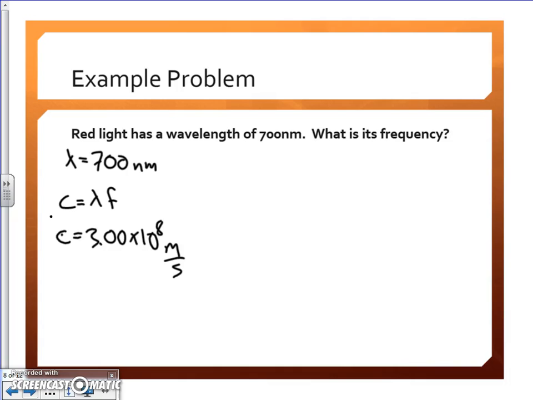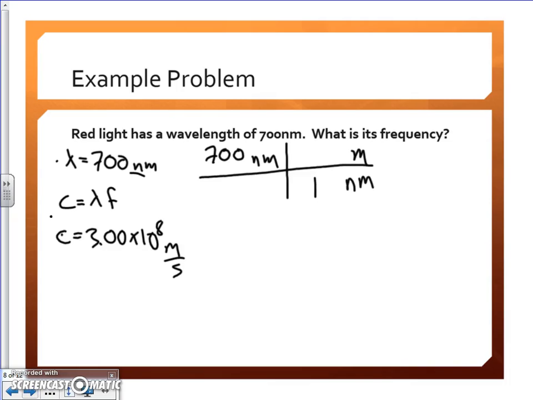The problem with this is we're given wavelength up here in nanometers. If I want to use this number in meters, I need to convert. So let's start by doing that. 700 nanometers converted to meters. Quick review here: I want units opposite, so nano goes on bottom.